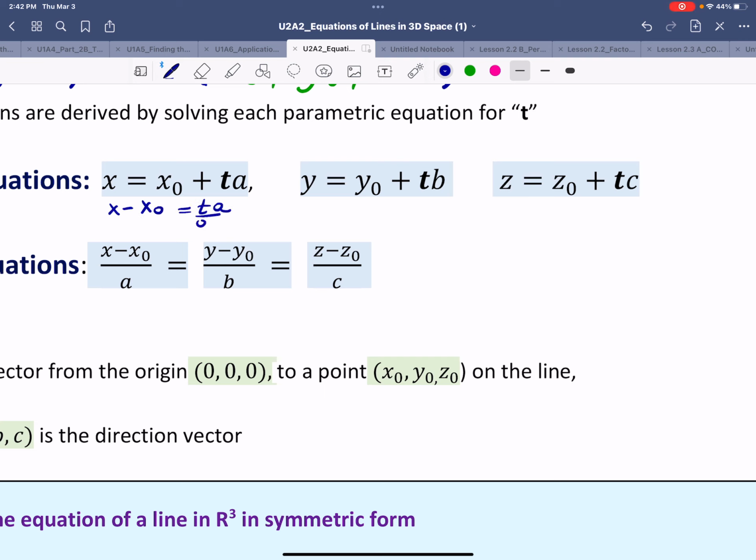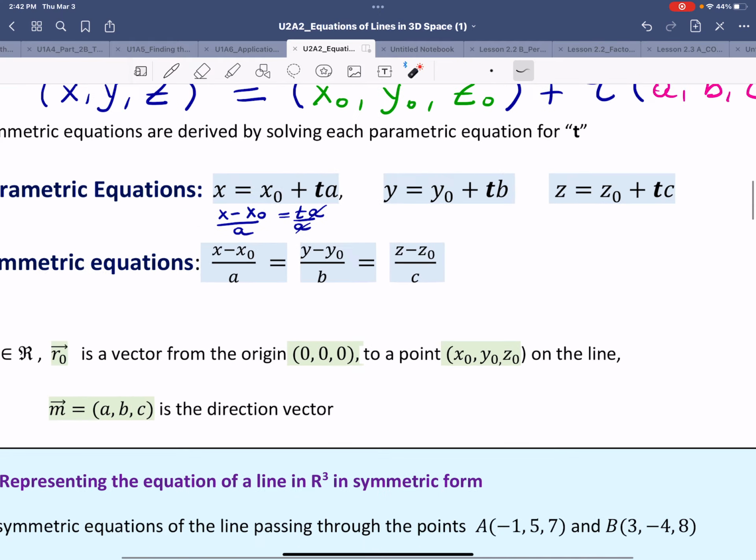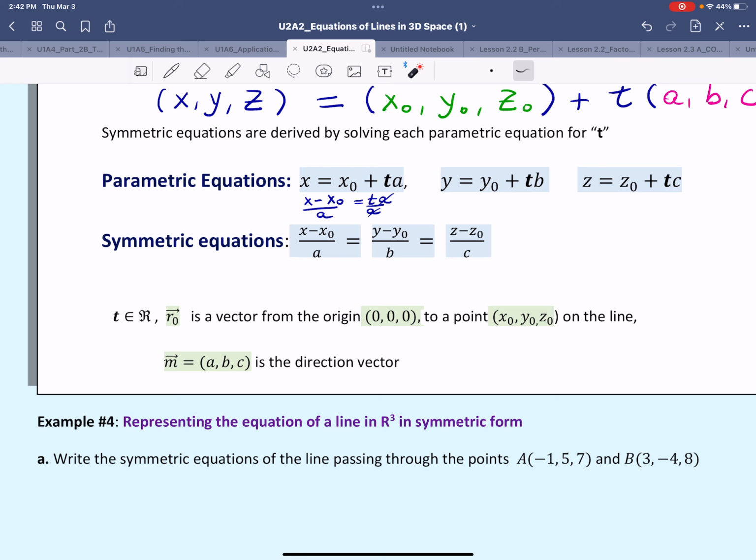And if you want to isolate t from a, you divide both sides by a and you get (x minus x0) over a equals t. In a similar way, we get t from the second parametric equation as (y minus y0) over b, and (z minus z0) over c.